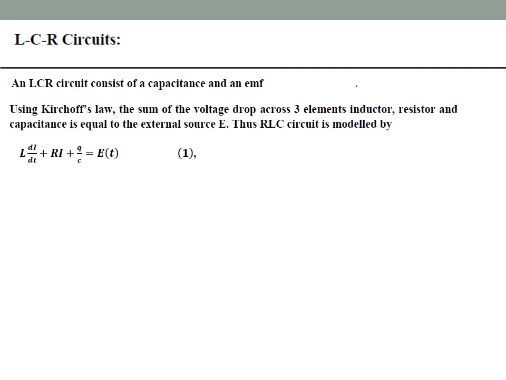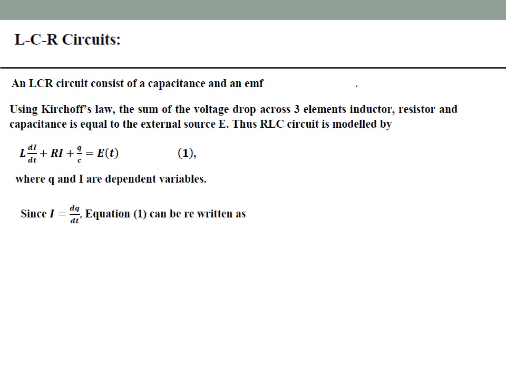Current is always dq/dt, where q and i are dependent variables here, and L, C and R are the values they give you. We know that current i is equal to dq/dt, the rate of change of q with respect to time. So in place of i, I'll be taking dq/dt in my next equation.